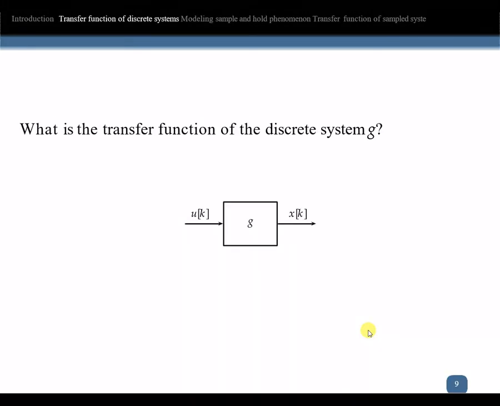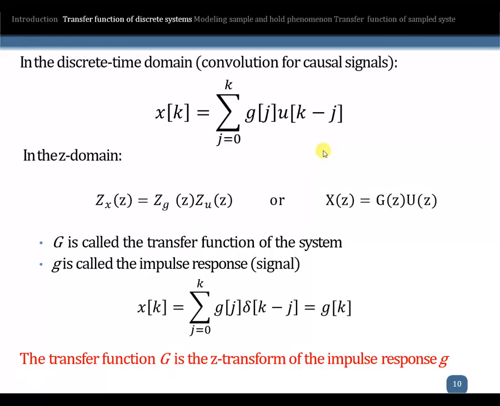That's easy. But what is the transfer function of the discrete system? My input is u(k), then G, and x(k). I remember here is u(t), here will be x(t), just change the t by k. The definition will be x(k) equals the sum from j equal to 0 to k of g(j) u(k minus j), and in the Z domain you can write the Z transform of x equal to the Z transform of g times the Z transform of u.